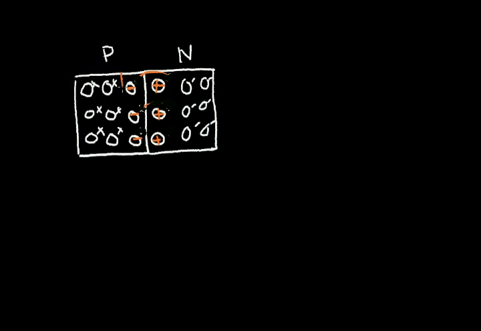So this region in here becomes devoid of charge carriers. And we call this region a depletion region. So this region here is called a depletion region because it's depleted of mobile charges.